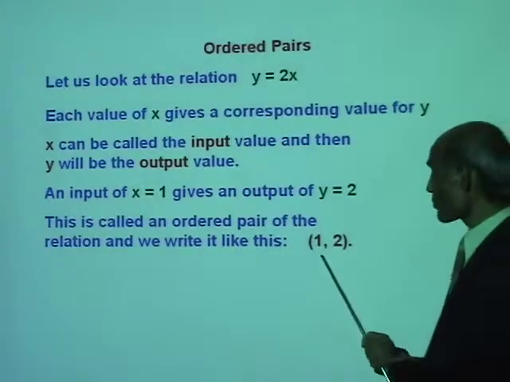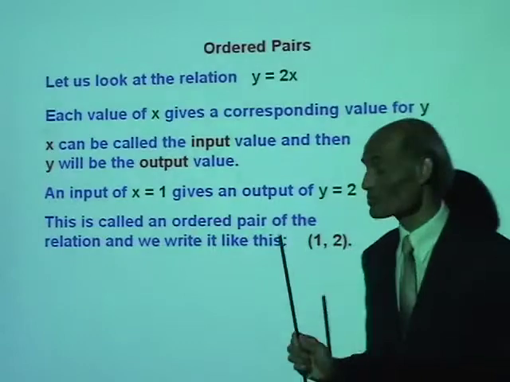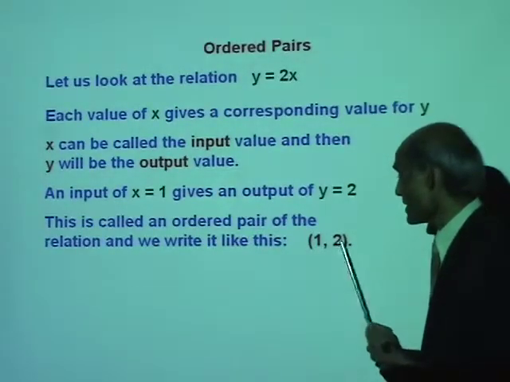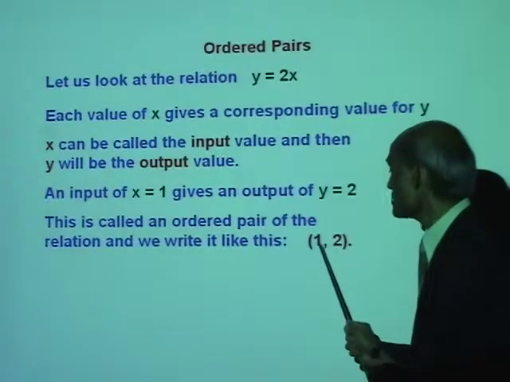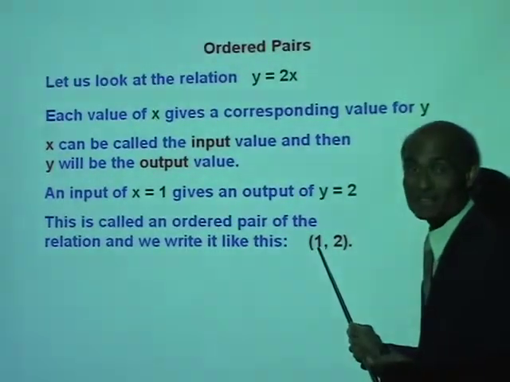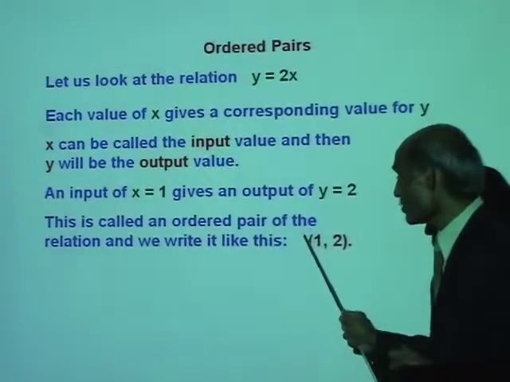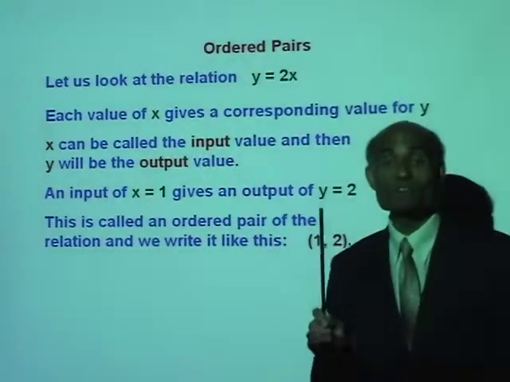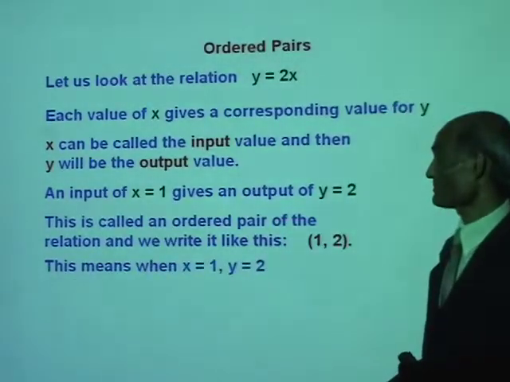And look at the way we write an ordered pair. An ordered pair is always written inside a parenthesis. And it's written (1, 2). It means when x equal to 1, the value of y equal to 2. That's what this means. The ordered pair gives you an input and its corresponding output.